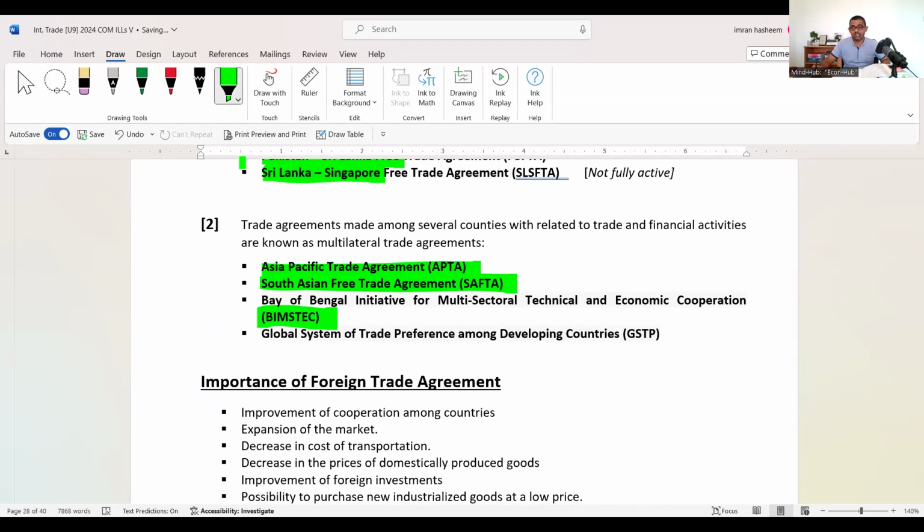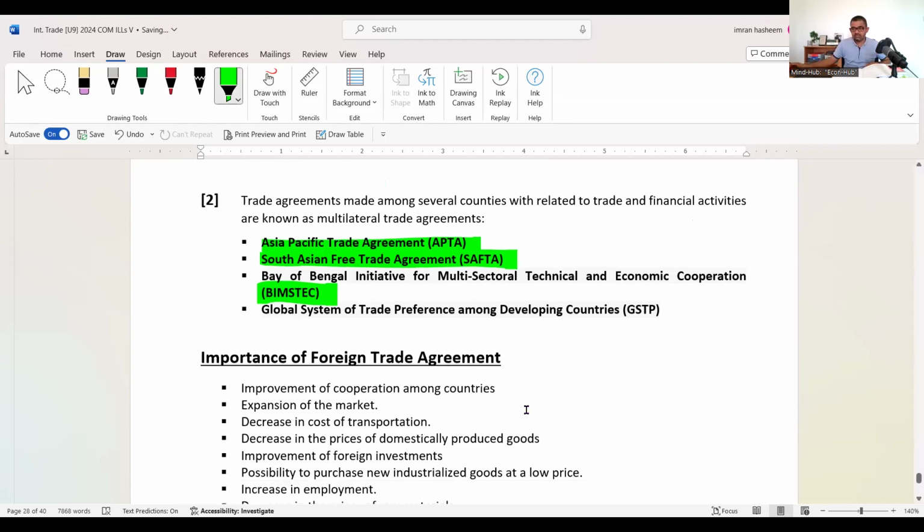I know, too long, but BIMSTEC: so many areas we can focus on. Then the Global System of Trade Preferences among developing countries, GSTP, sometimes it's called. So remember some examples for multilateral trade agreements.